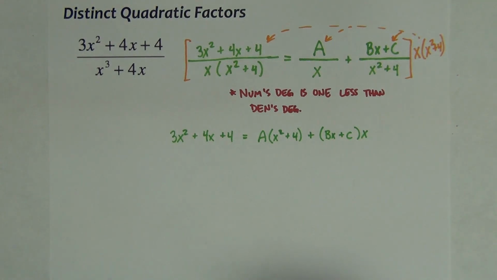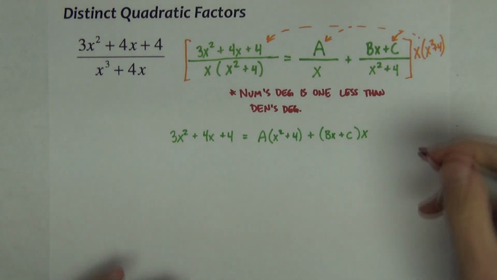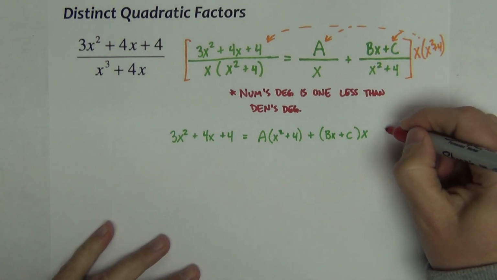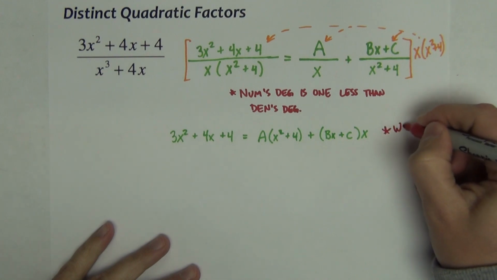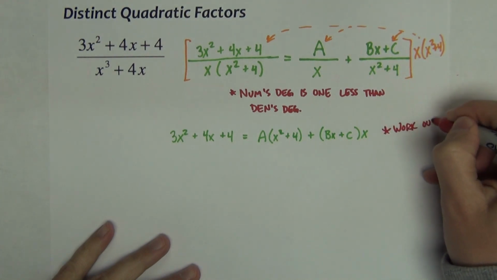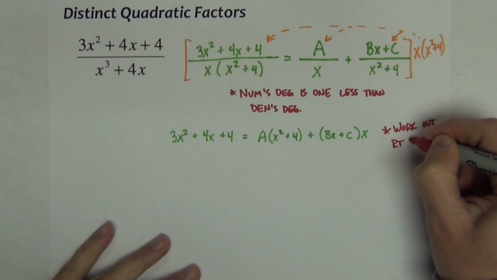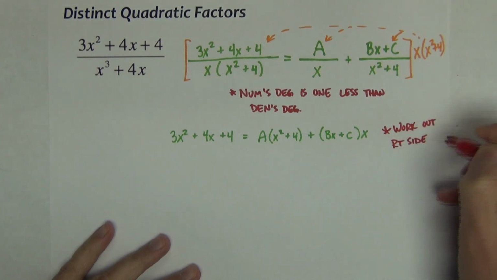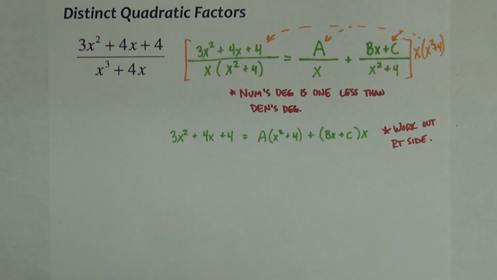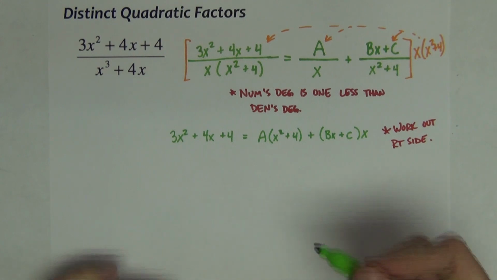Okay. Now from here we're going to employ a different strategy than we've previously used. What we're going to do in this problem is work out the right side of the equation. We're going to rewrite the right side of the equation.